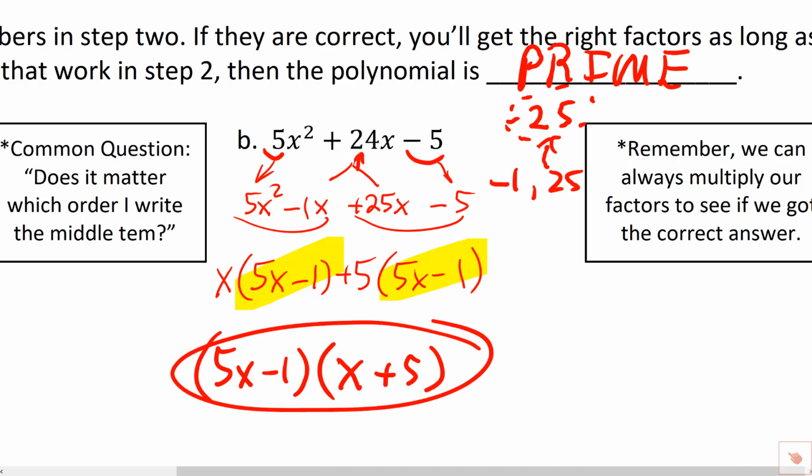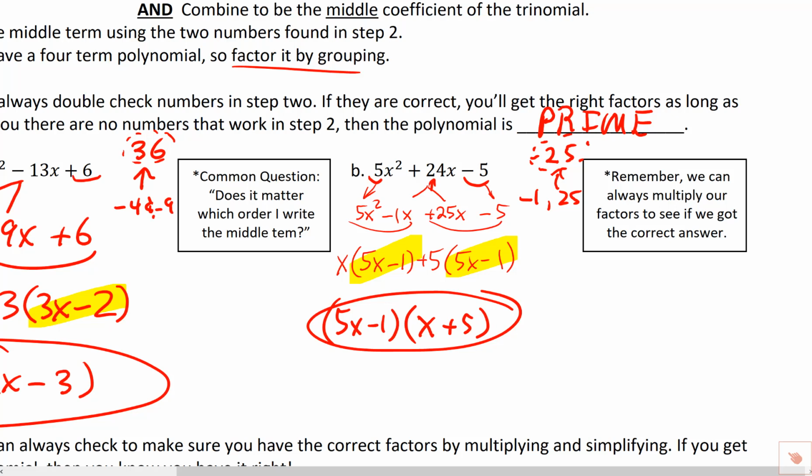Now, if you wanted to, I'm going to do this once. So I'm going to change colors, and I'm going to multiply these together. So we can always multiply these together and see if we get the original problem. So I'm going to multiply the 5x times x, 5x squared. The 5x times 5, 25x. The negative 1 times x, that's negative x.